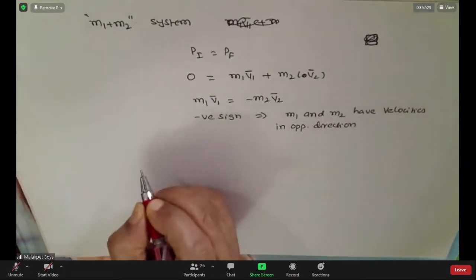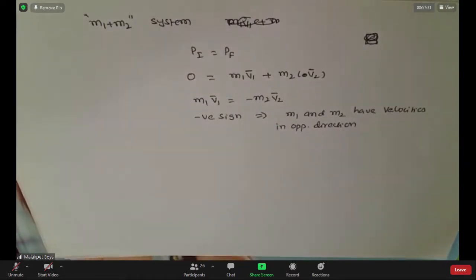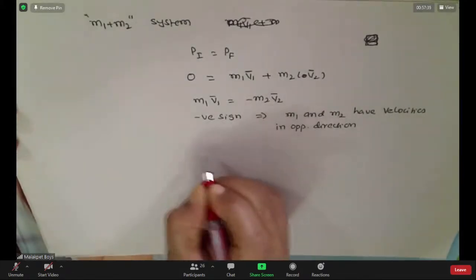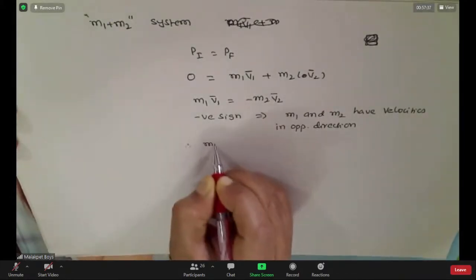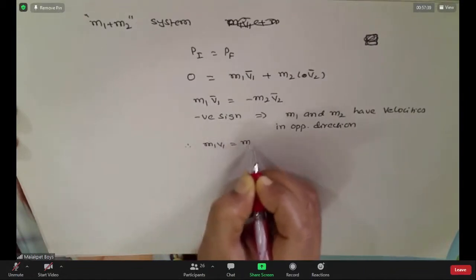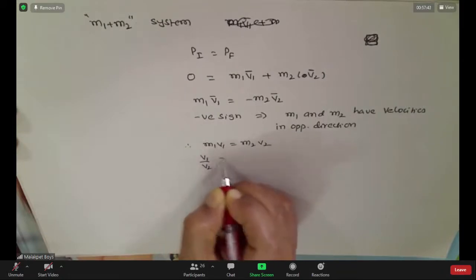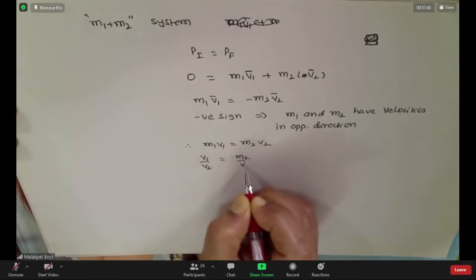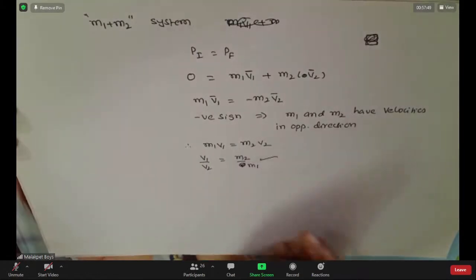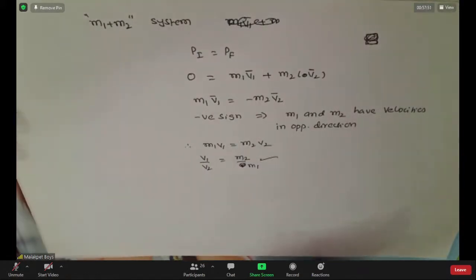Clear? Magnitude wise we have this now. So he is asking the ratio of this, M2 by M1. This is one thing he is asking. That will be first.